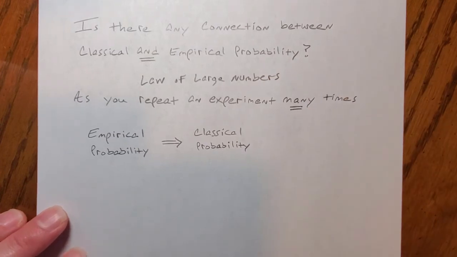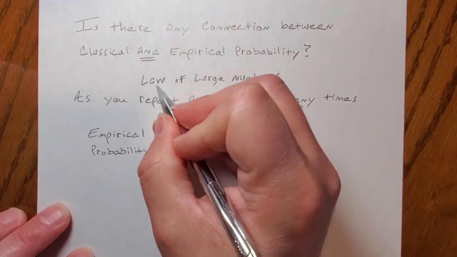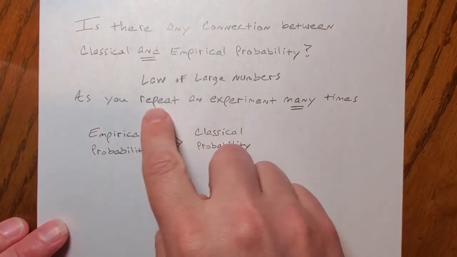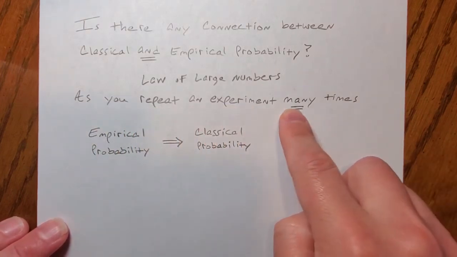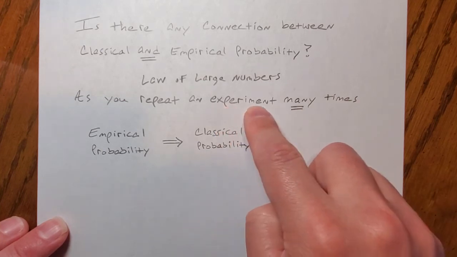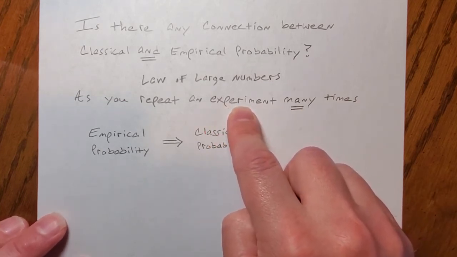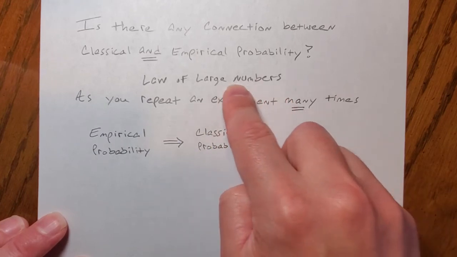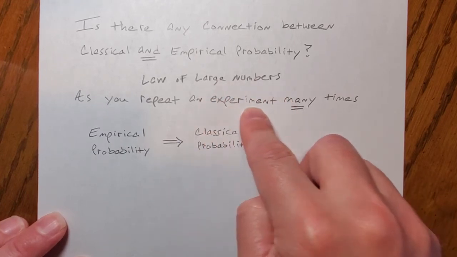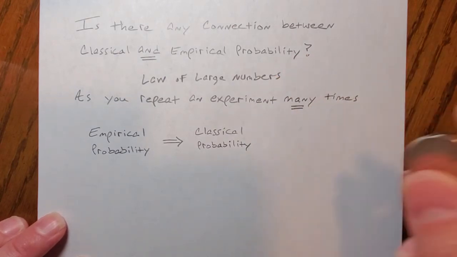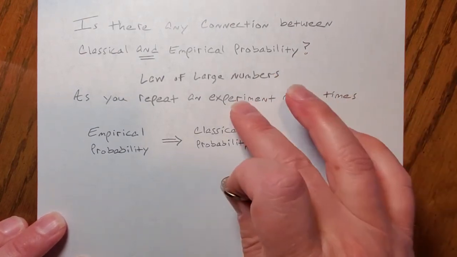It's a law in the sense that this is the way the world tends to work out. And it says, as you repeat an experiment many times, and when you hear experiment, you can think of observation, so this is like an empirical probability right here. As you repeat the trials, as you flip the coin more and more times and you observe what happens, that's what that says.